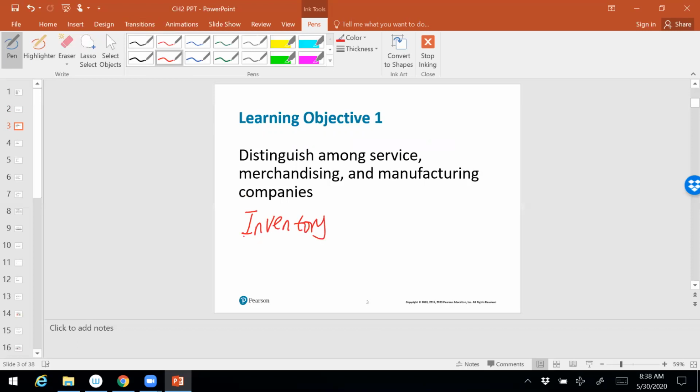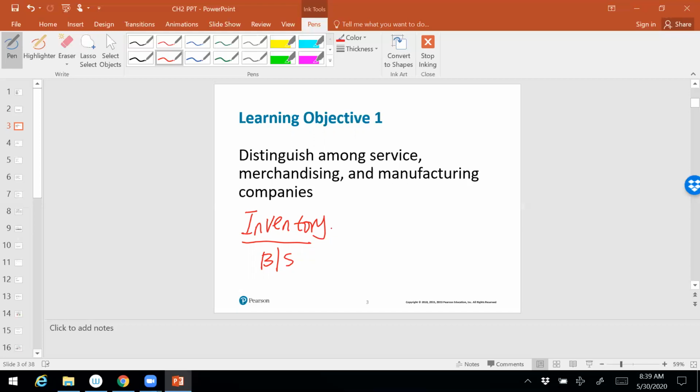Why is inventory important? So inventory is your current asset. It stays in your balance sheet, right? Why is it important? Okay, listen to here very carefully. Because inventory is a part of your balance sheet, but it's also related with your income statement. Answer the question, why?